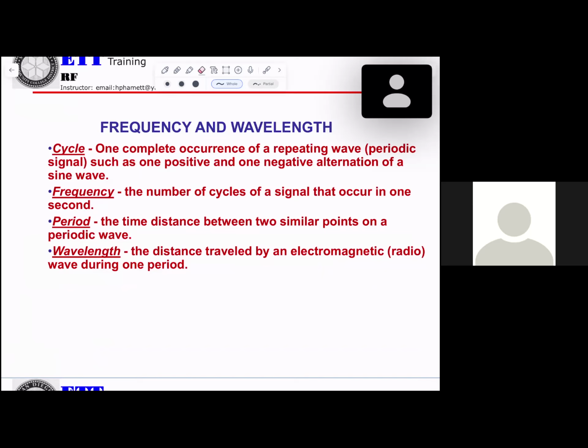However, basically you have to know the basic definitions. You have to know what is the cycle, what is the frequency, period, or wavelength.